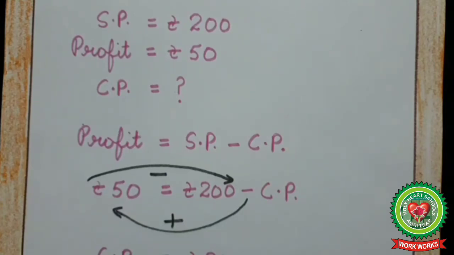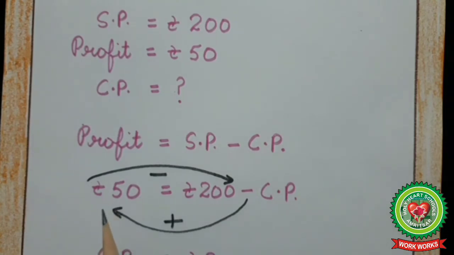Students, in this question we have been given profit, so we will apply the formula of profit. Profit is equal to SP minus CP. After that, substitute the values. Rupees 50 is equal to SP rupees 200 minus CP.